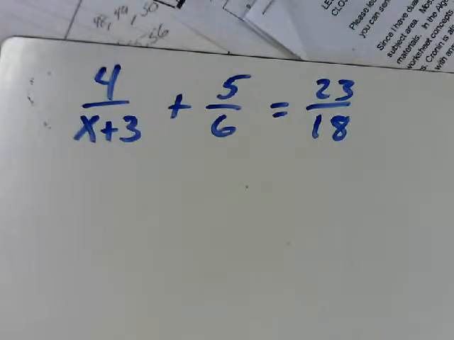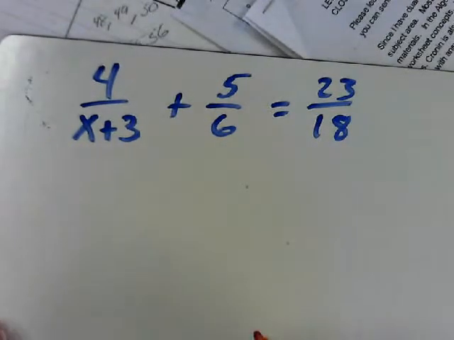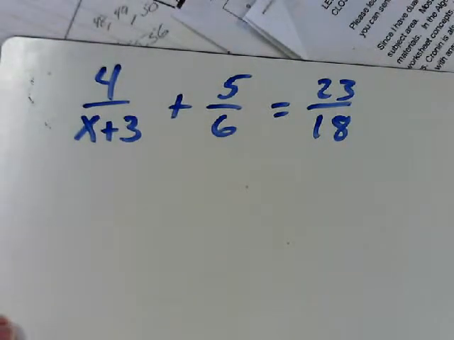What we just talked about before is the same thing that I need to do here. I need to multiply every term by a common denominator to get rid of the denominator. And in this case, what will the common denominator be? 18x. Close. X plus 18. Nope. X plus 3, 18.